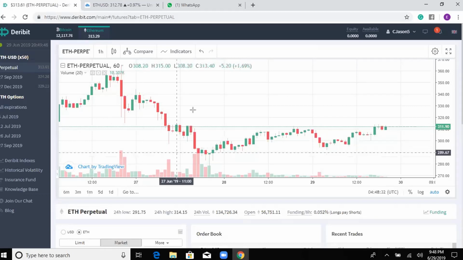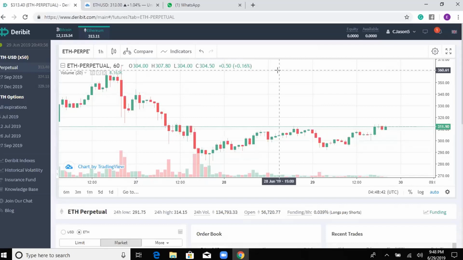Sometimes what tempts you to use everything you have is that you feel, since it's times 50, if I have 5 Ethereum and I use 5 Ethereum, I'm going to make more profits. Well, that's true, but if the trade goes against you, you're losing more. So that's why it's really important not to use your whole balance.